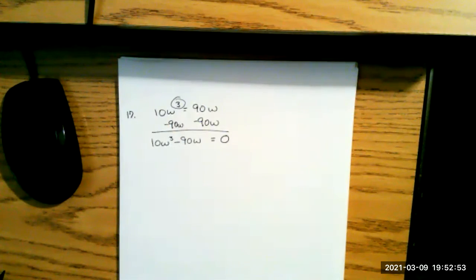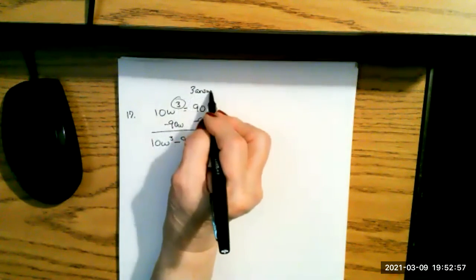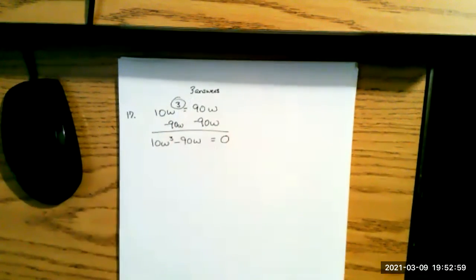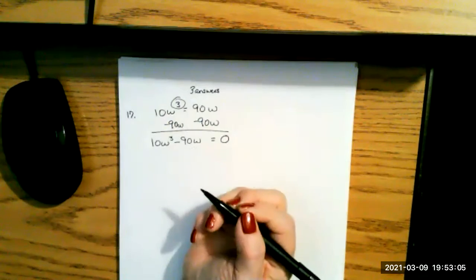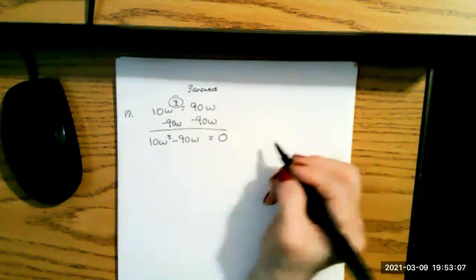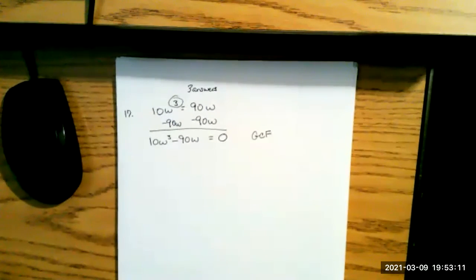Let's see what happens. This means I'm going to have 3 answers. That's what that means. Okay, 10w cubed and 90w. If I'm looking for a GCF, what's something that will go into 10w cubed and 90w?